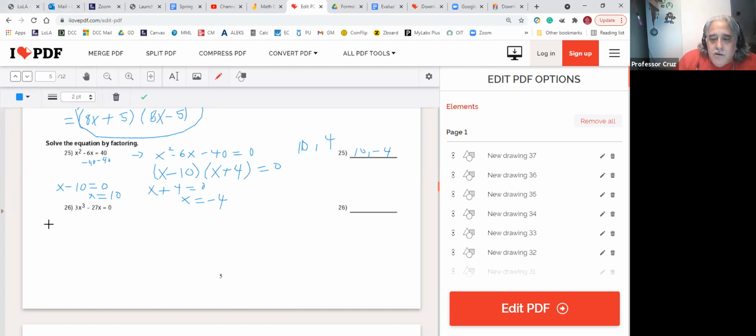Because this one right here, there's a greatest common factor of x that's going to come out, and then we got 3, oops, I'm sorry, it's 3x. So it's x squared minus 9.